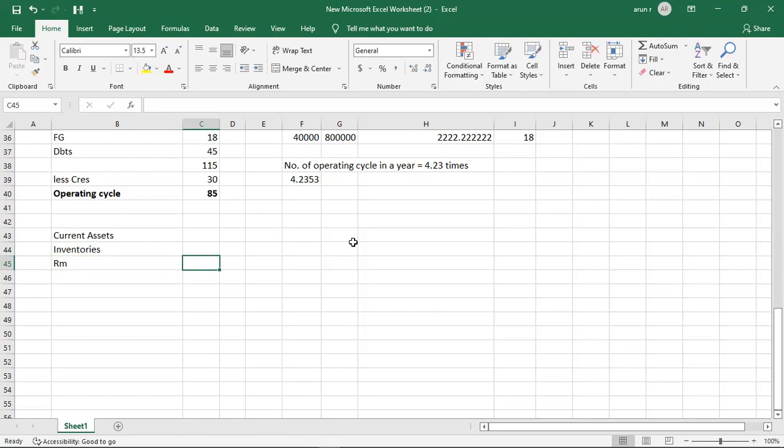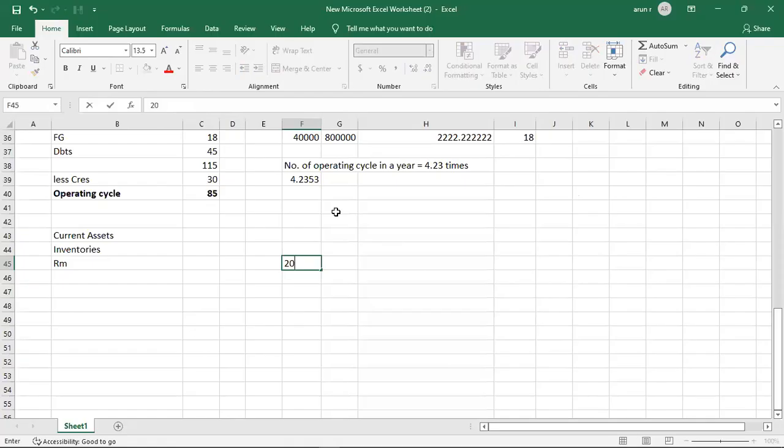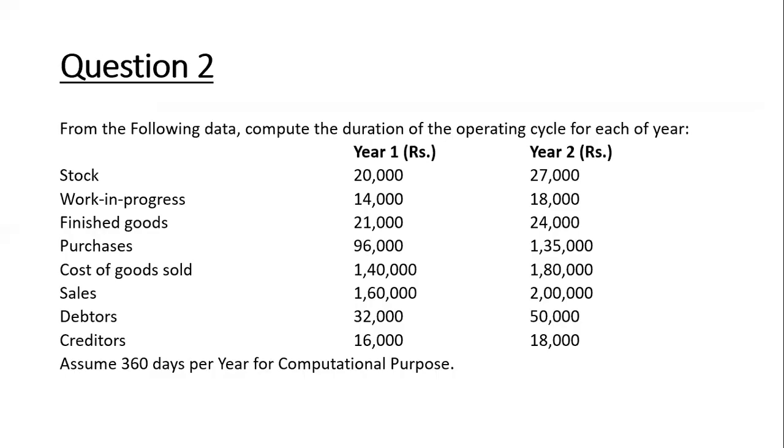Stock of raw material divided by purchases, the first formula we put. Stock of raw material is 20,000.